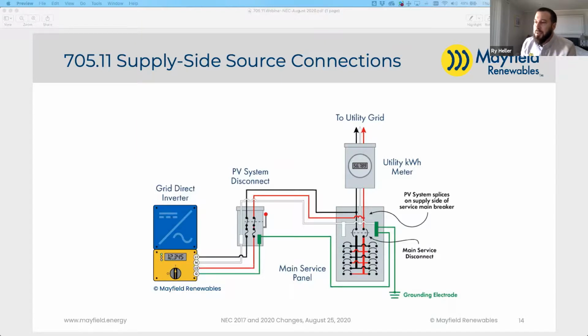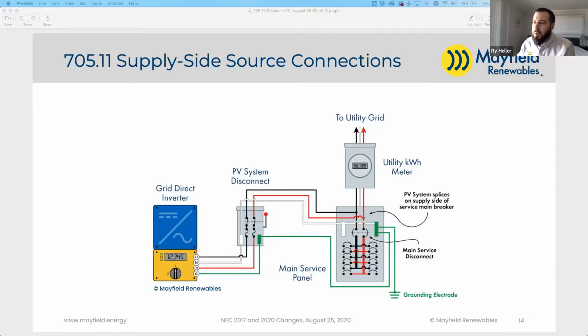But that code does talk about needing it. This might be a good chance to talk a little bit about, in the article I talked about having an inline fuse option, the MC4 inline fuse option. What that does is it just provides a way to reduce the short circuit current value that the wires would see.